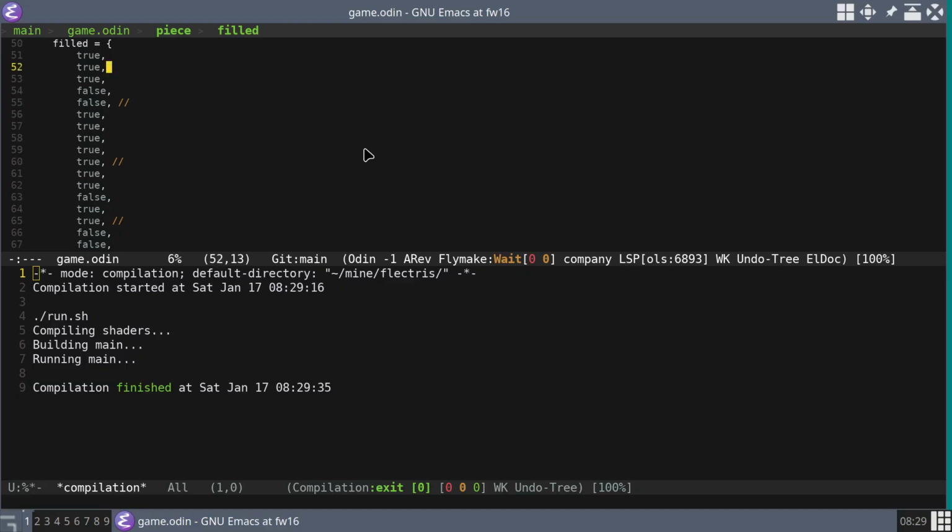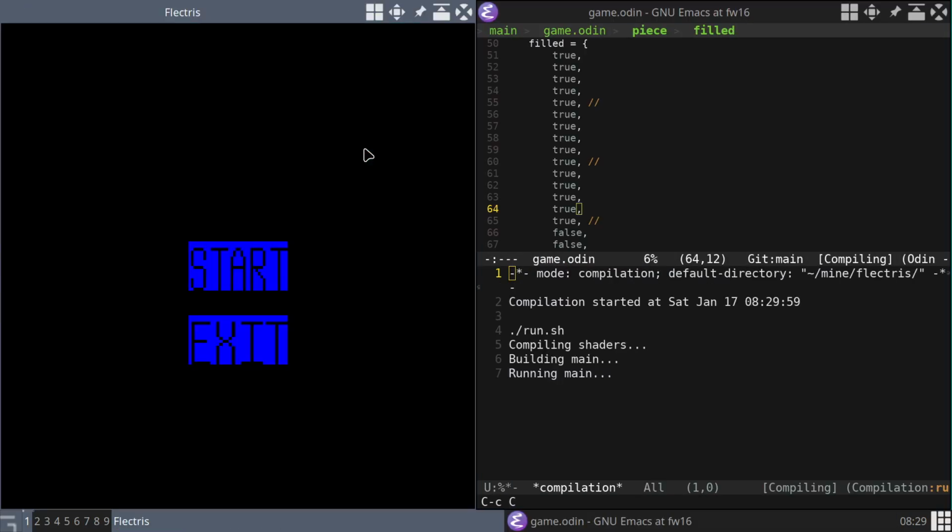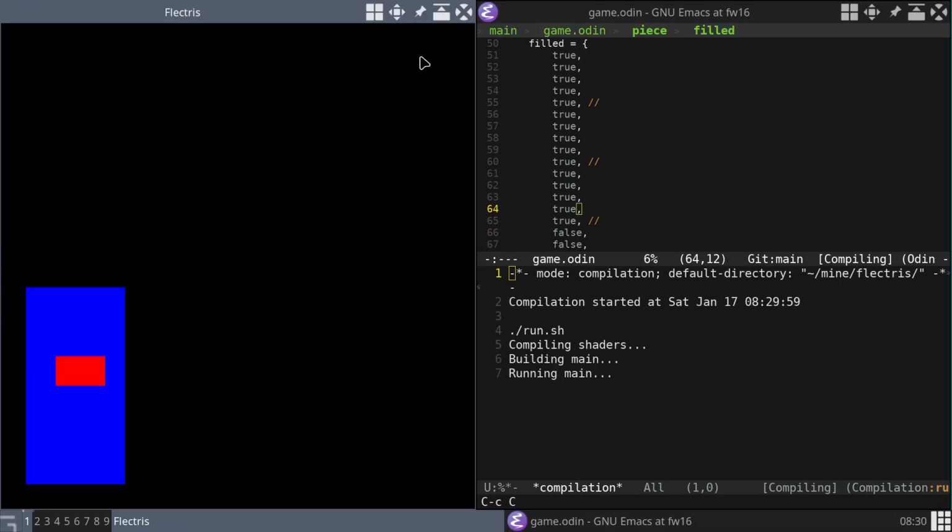True. So 1, 2 means from 0, 0, I come across 1, and I want to go up 2. If I make that all true, that all true, that all true, that will just give me a 3x5 rectangle. Yep.